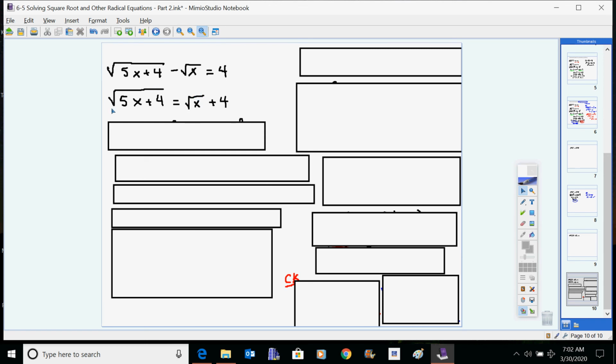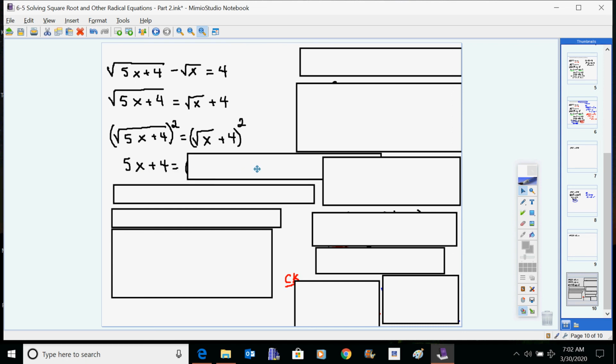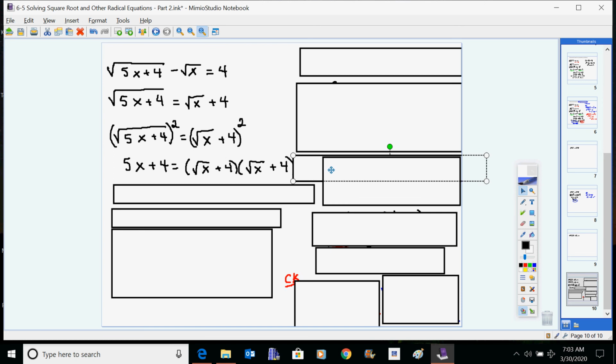Now we can square both sides, but we've got to be careful as far as what that will actually do to us. Because when I square this side, that's nice and convenient, because that turns out to be 5x plus 4. But this one, remember, is square root of x plus 4 times square root of x plus 4. Which means that our little radical here is not going to completely disappear.